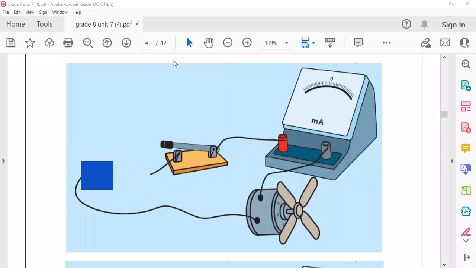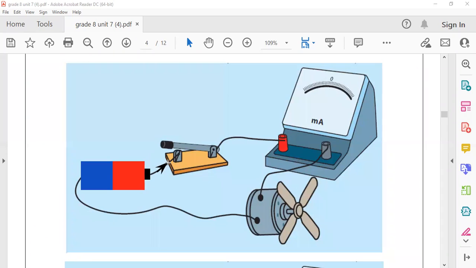This is the red color part of the battery. Here is the front knob of it. In this case, if you fix the battery in this manner, how will the current flow?